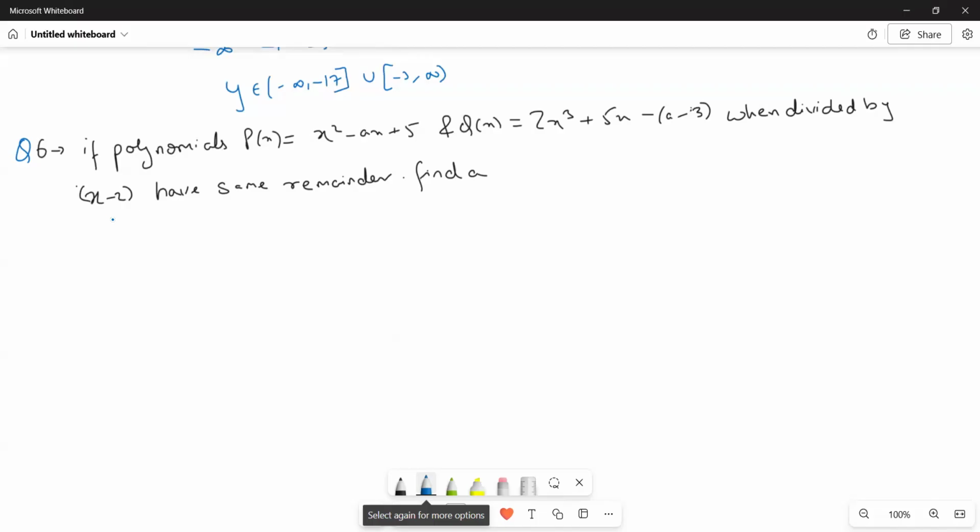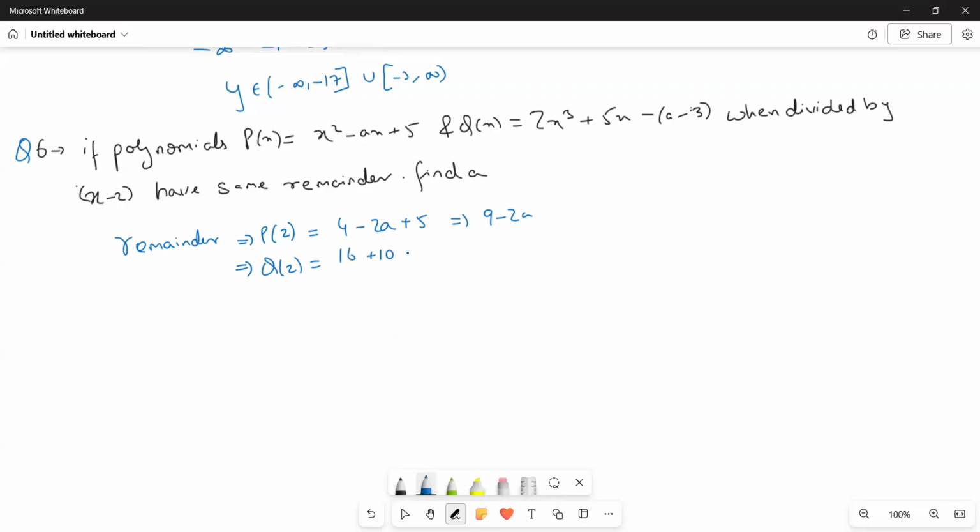So when p(x) is divided by x minus 2, the remainder would be p of 2, which in this case would be 4 minus 2a plus 5. So 9 minus 2a. And the remainder for q(x) would be q of 2, which would be 2 times 8, 16 plus 10 minus of a minus 3.